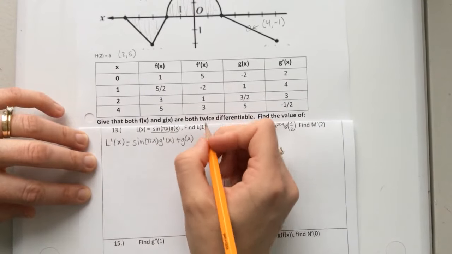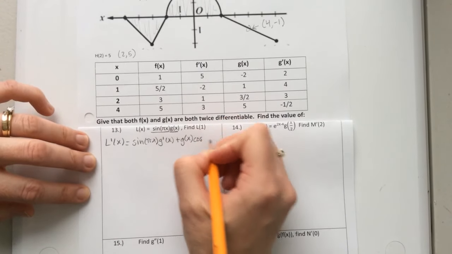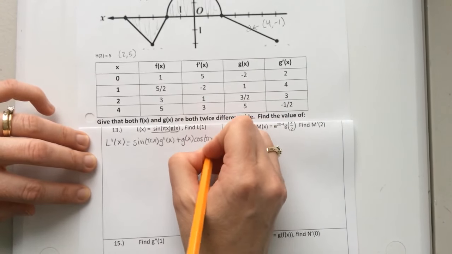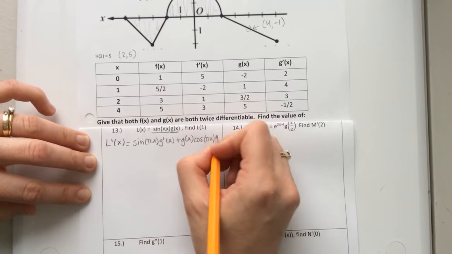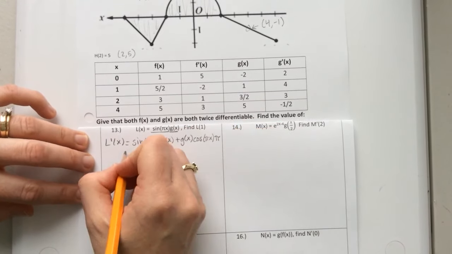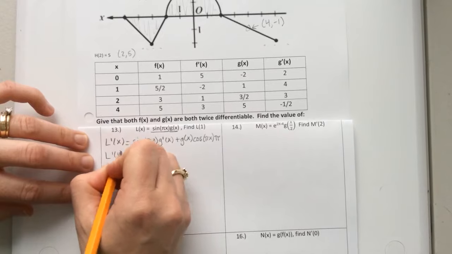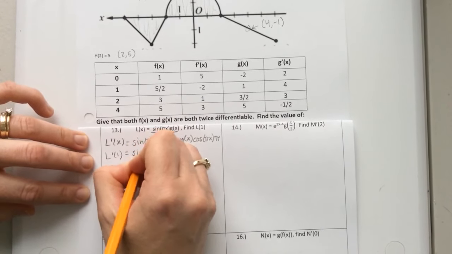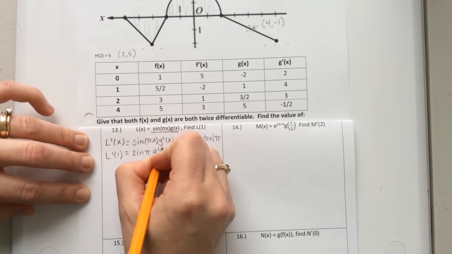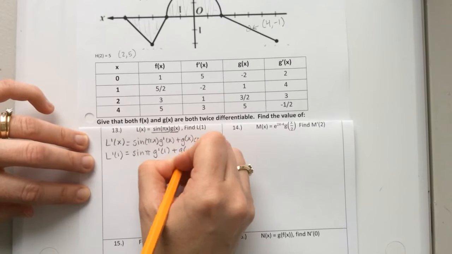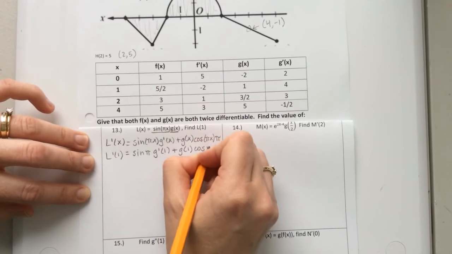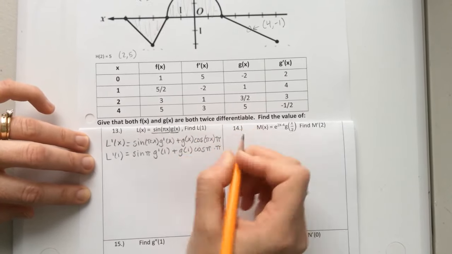Now be careful when you derive sine. Sine's derivative is cosine, but then we have to multiply by the derivative of the inside, which is pi. So for L prime of 1, I'm going to need sine of pi times g prime of 1 plus g of 1 times cosine of pi times pi.